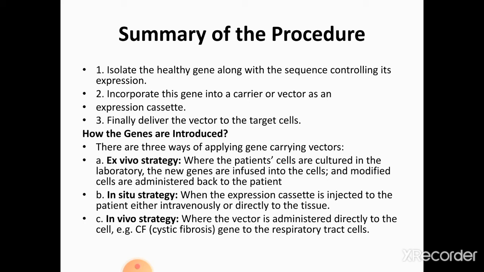Then in vivo, the vectors are administered directly to the cell. For example, in cystic fibrosis, the gene is directly applied into the respiratory tract cells.